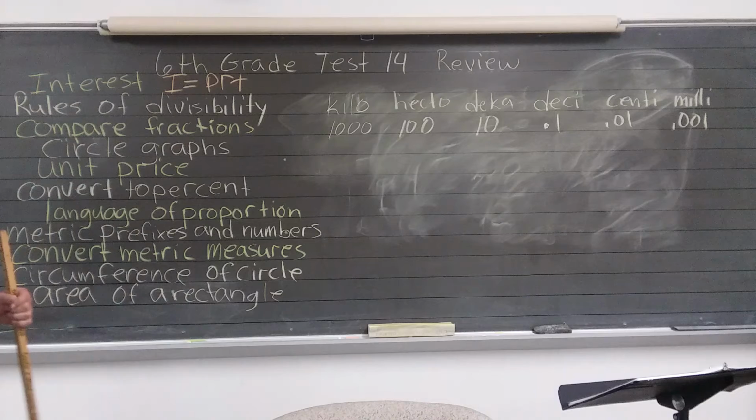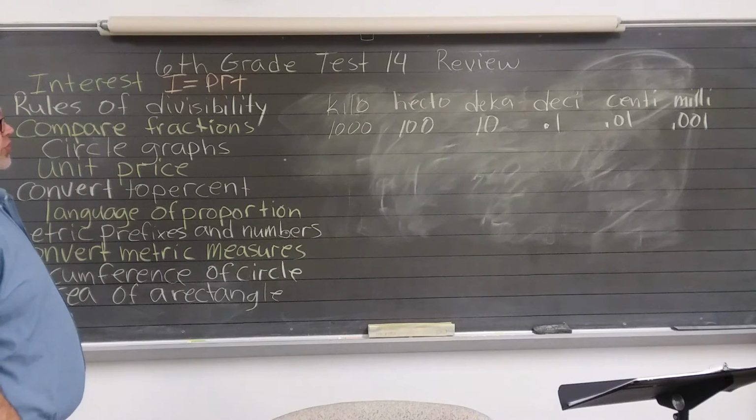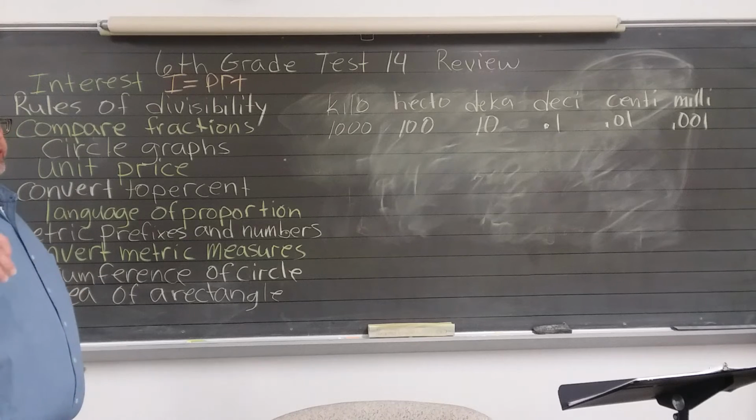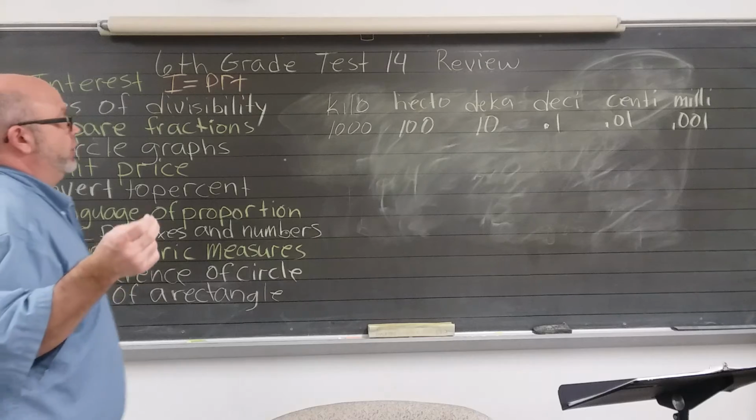Have those prefixes and those numbers memorized, okay? Because it will have kilo, and you will need to write the number 1,000, or it will have 1,000, you will have to write kilo.